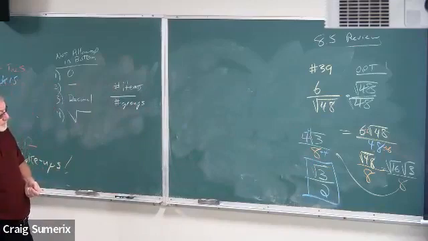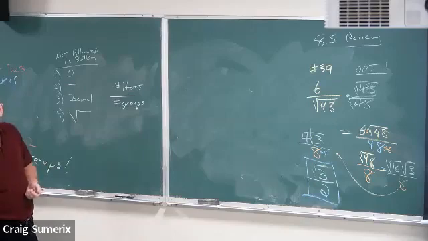Where'd I lose you? After we multiply it by square root of 48 on the top and the bottom, that's where I got lost. Okay, so then we've got 6 square root of 48 over 48. We can reduce the 6 over 48 part. That leaves me square root of 48 over 8.